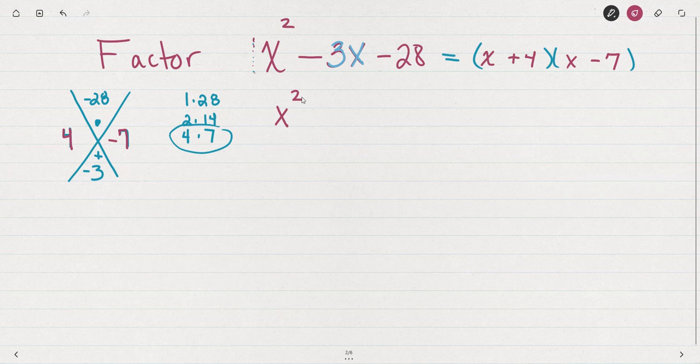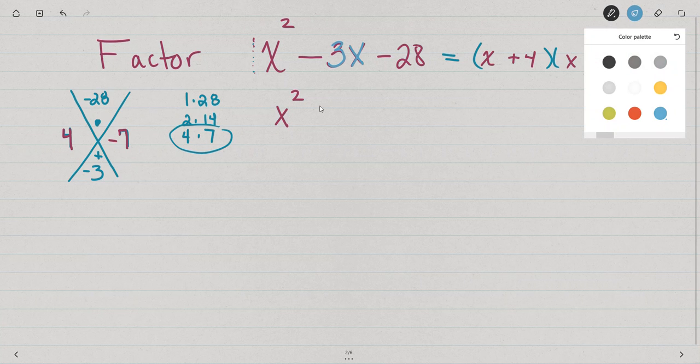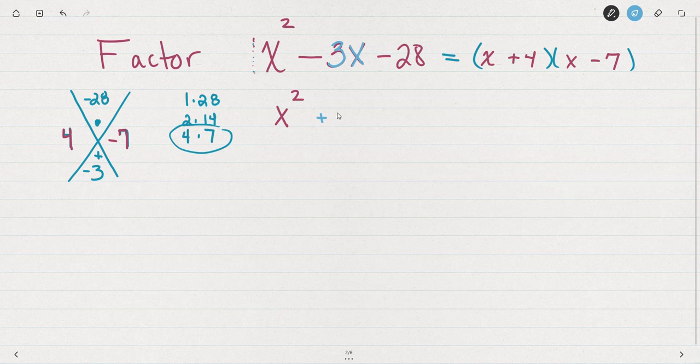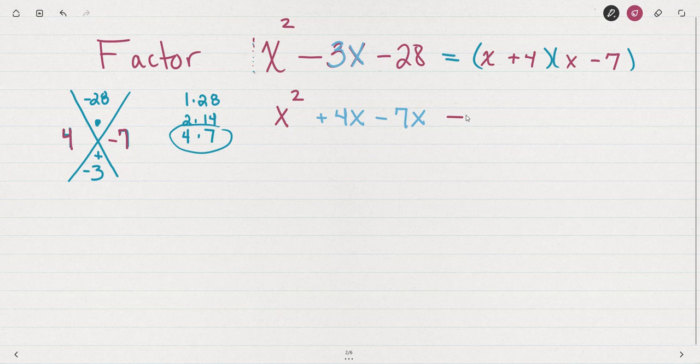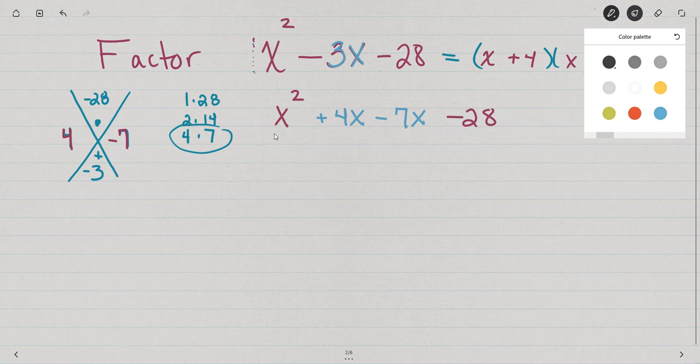We have x squared plus 4x minus 7x and then minus 28. So that 4x minus 7x is the same as the negative 3x. And now I could do what we call factor by grouping.